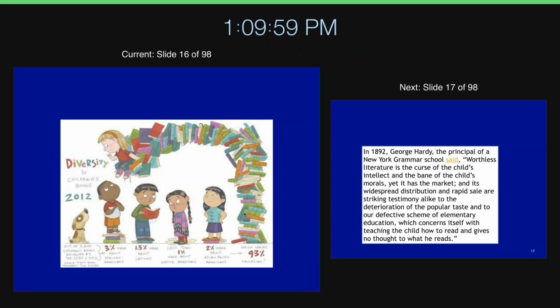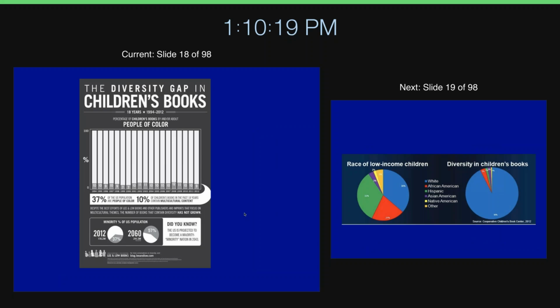So I encourage you to follow Lee and Low, their online book company, where you can study almost annually the lack of diversity among our children's literature. And this is at all age levels. This is another graph saying basically the same thing, another visual. Little has changed. Little is changing.